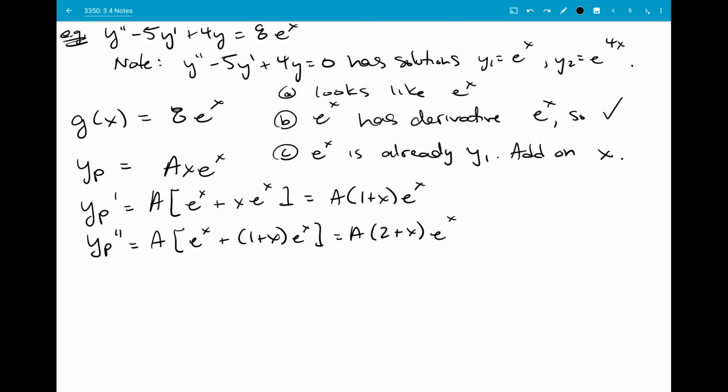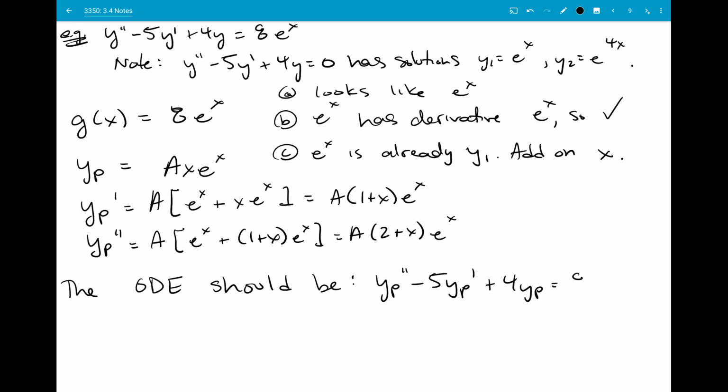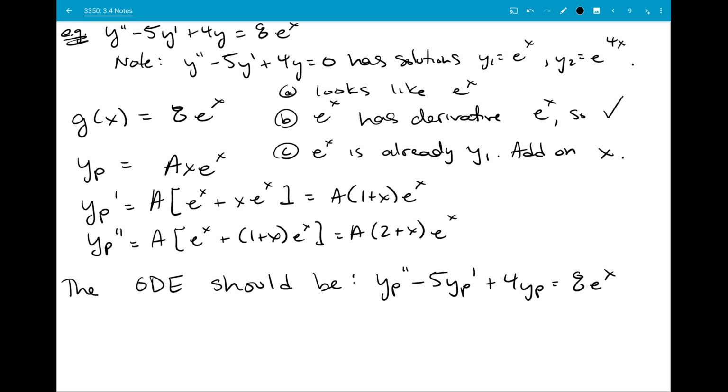The next step is I assumed yp looked like this. I found all its derivatives. Now I can plug it into the differential equation. So what I should have is yp double prime minus 5yp prime plus 4yp equal to 8e to the x. And I just calculated all those derivatives.